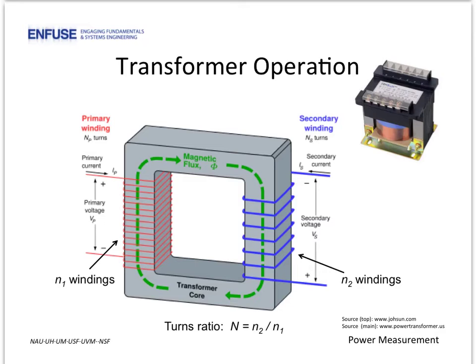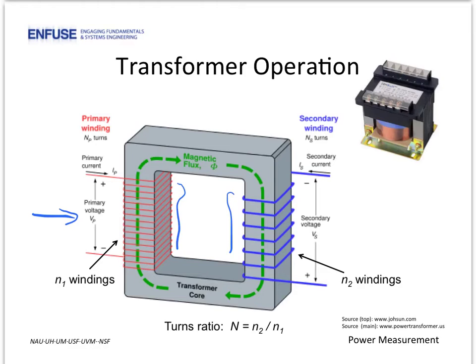Fundamentally, a transformer couples two AC circuits using a pair of magnetically coupled windings, as we see here. An ideal transformer will have the same power coming out of the secondary as enters the primary. That being said, the voltage at the secondary depends not only on the voltage at the primary, but also on the number of turns in the primary relative to the number of turns in the secondary.